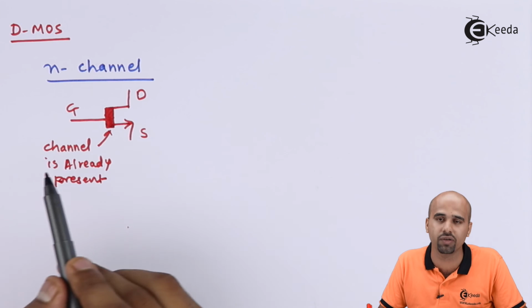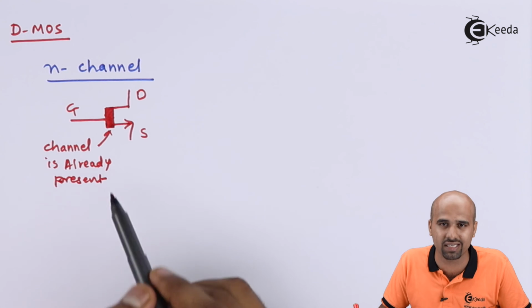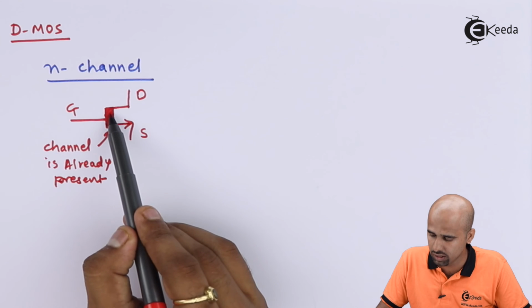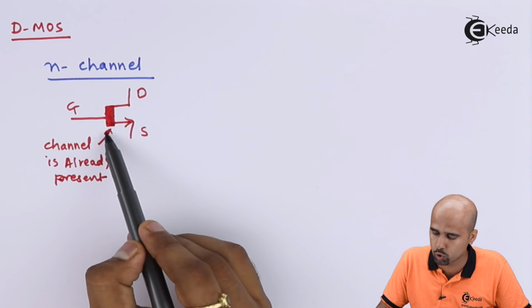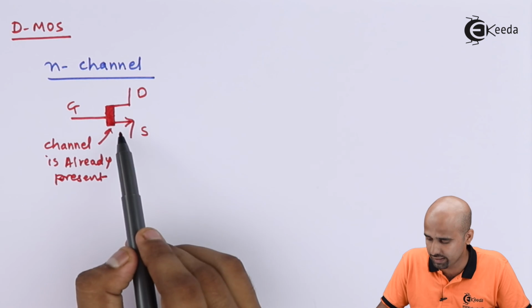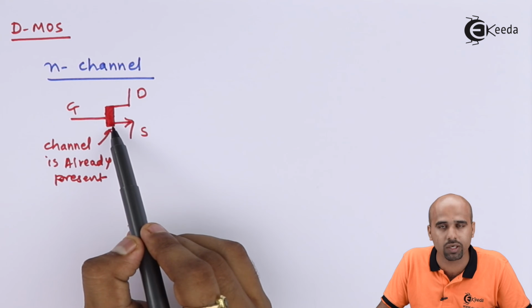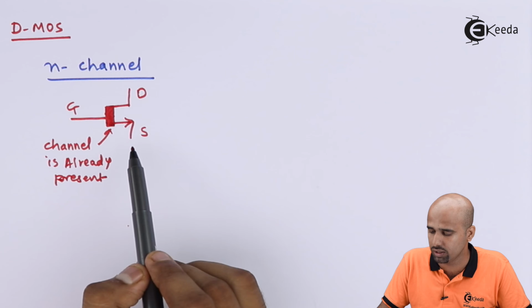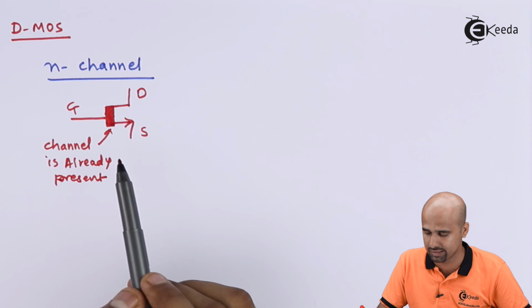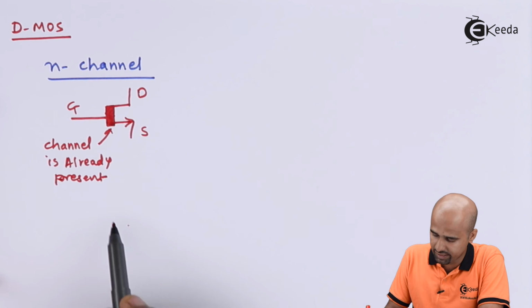If we compare the previous symbol of E MOSFET and now D MOSFET, in E MOSFET we just have two vertical lines, and now in D MOSFET we have filled the area in between the two lines. That is the only difference between E MOSFET and D MOSFET.